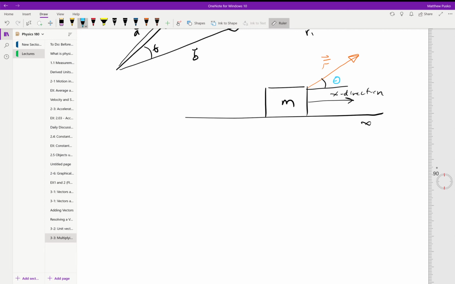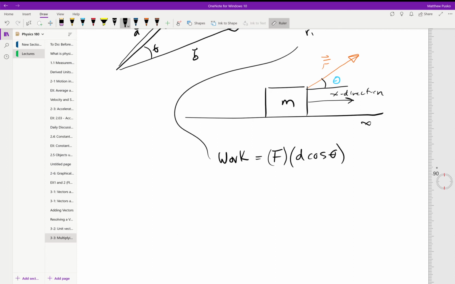There's some angle difference right here. There's some theta. So when we find the work, the definition, by the way, can actually reduce down to, just like the dot product, F times the displacement cosine of theta.